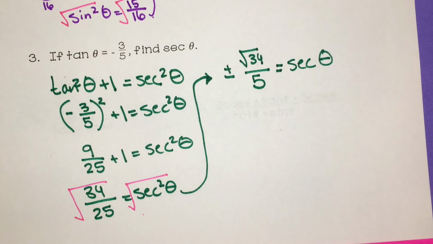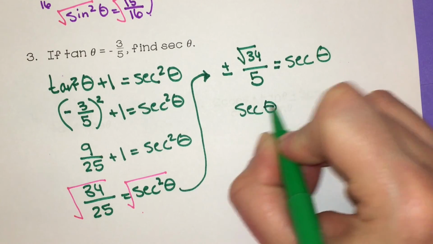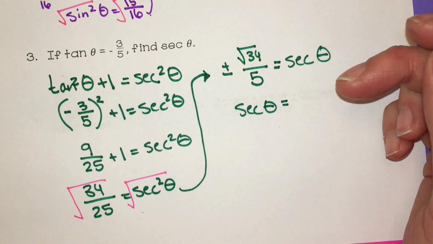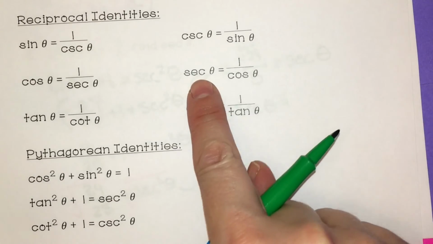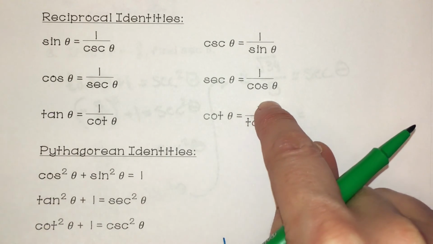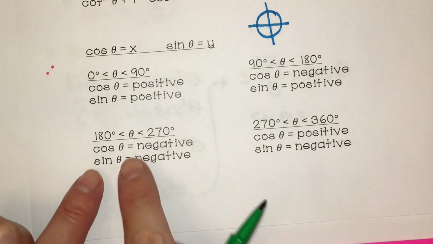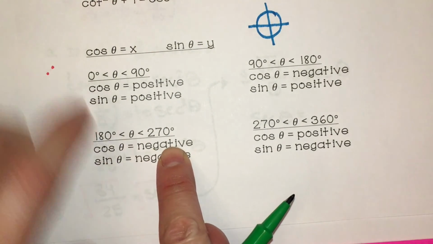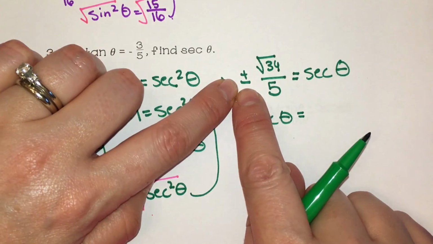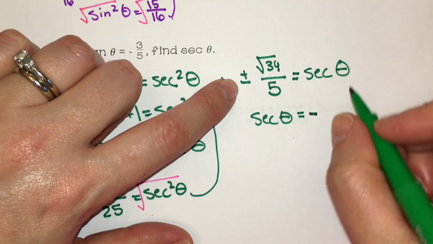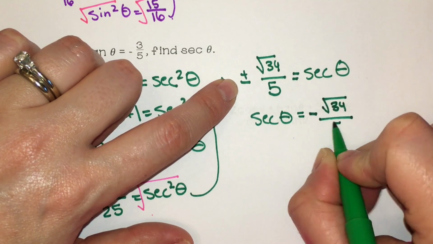And I'm going to flip it around so that my secant theta is in front. All right, so secant theta has to do with cosine theta. So we need to figure out, is cosine theta in this quadrant positive or negative? It's negative. So I know that I have to take the negative. It was either going to be positive or negative. It's negative square root of 34 over 5.